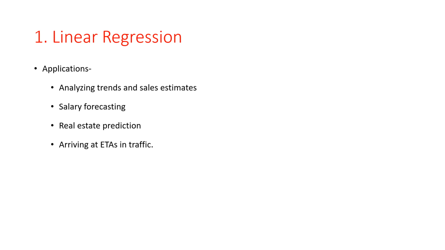After reaching the customer's location, he finds parking space and finally delivers to the customer. So here the machine learning model needs to calculate end-to-end delivery time, taking into consideration the amount of time taken at each stage. Okay, so this is arriving at estimated time of arrival in traffic.